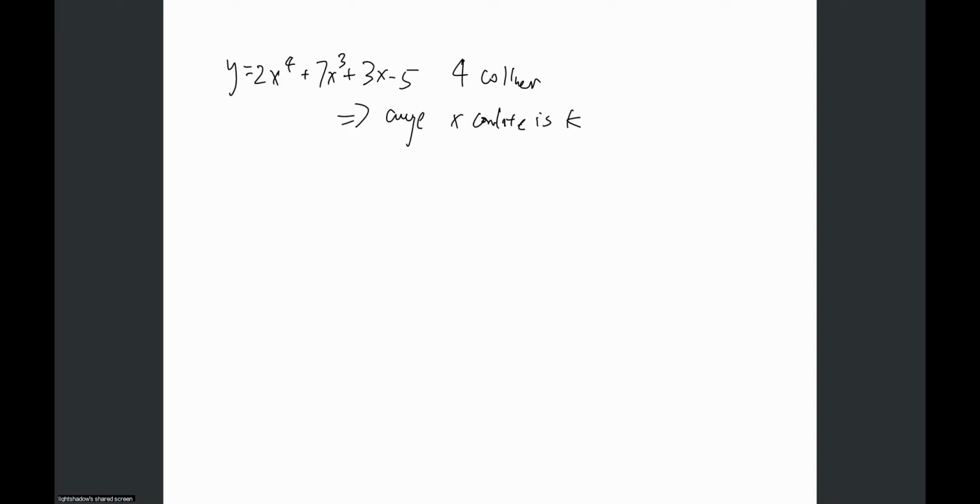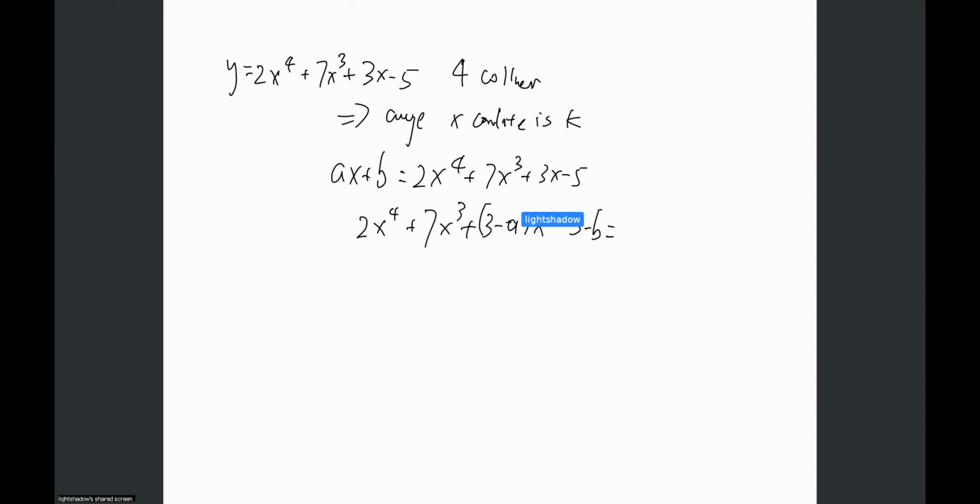If they are collinear, I can express another line as ax plus b, which equals this one. The first approach is Vieta's theorem.